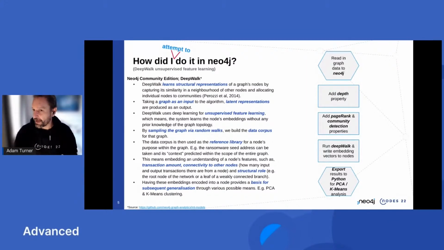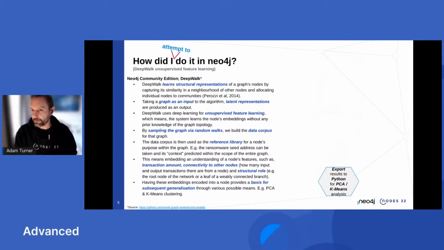In that last step, I exported to Python to perform some principal components analysis and k-means clustering. And this was important too. I used just a Jupyter notebook in order to reduce the embedding dimension down to something a little bit more digestible, something that would be able to be analyzed in a 2D space rather than the whole vector space that DeepWalk uses.